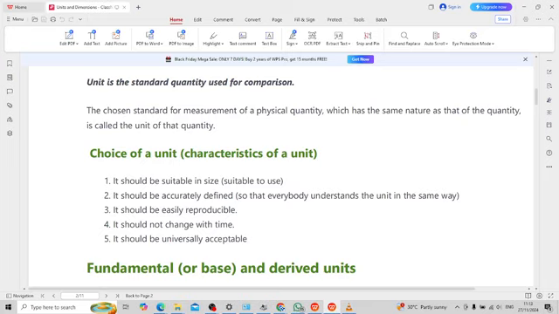Number 5, the unit must have the characteristic of being universally acceptable. 1 meter in Nigeria is the same thing as 1 meter in Tokyo, in Japan, which must be the same as 1 meter in Dubai.